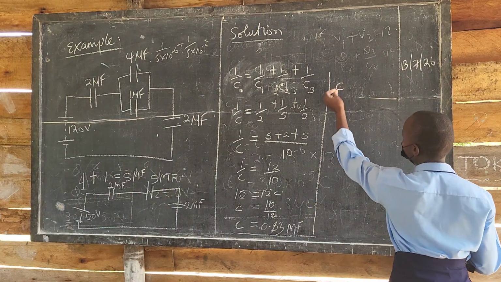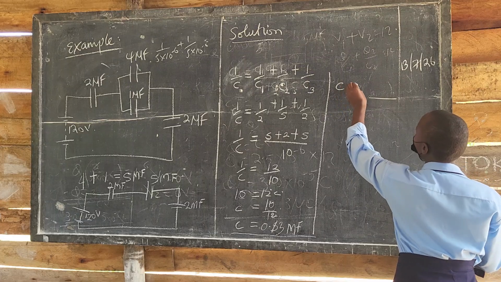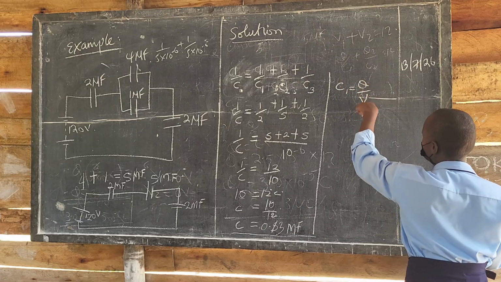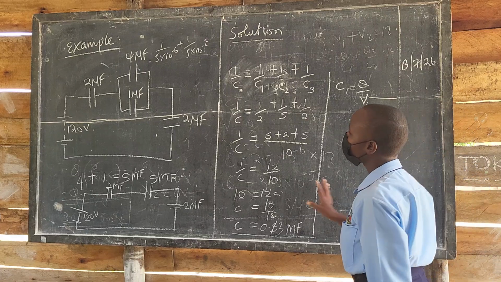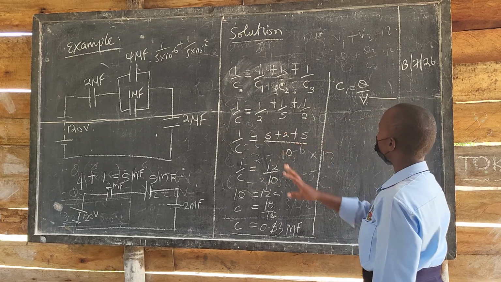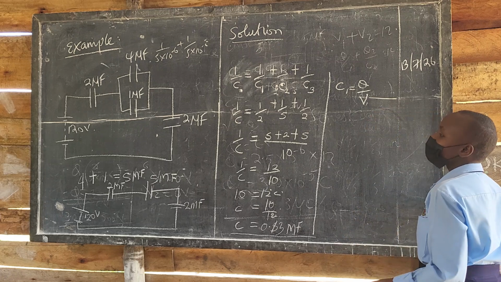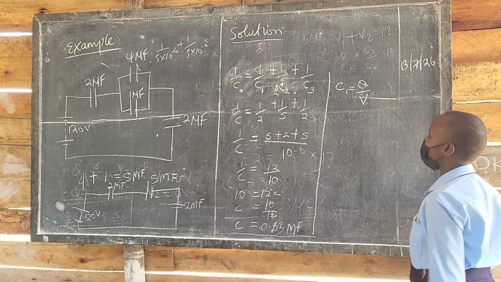Here we have C1 equaling Q out of V1. See that is in parallel arrangement, and in parallel arrangement the PD of all capacitors is the same.